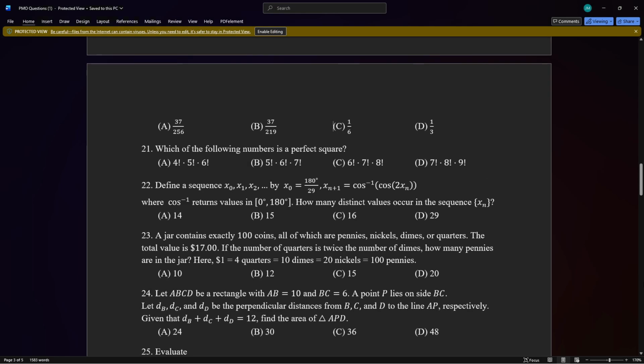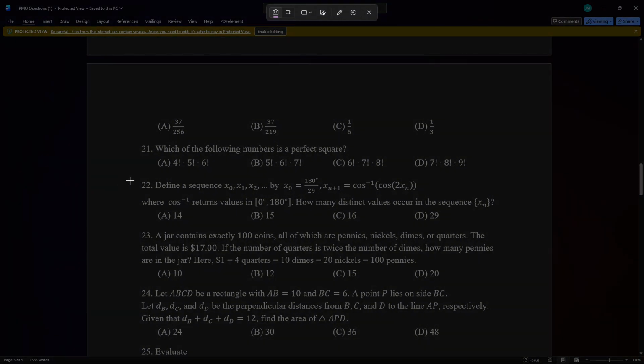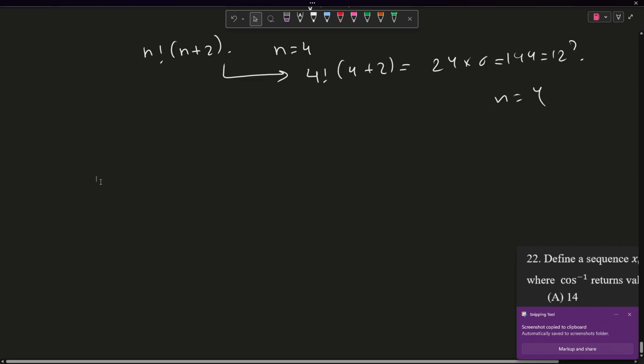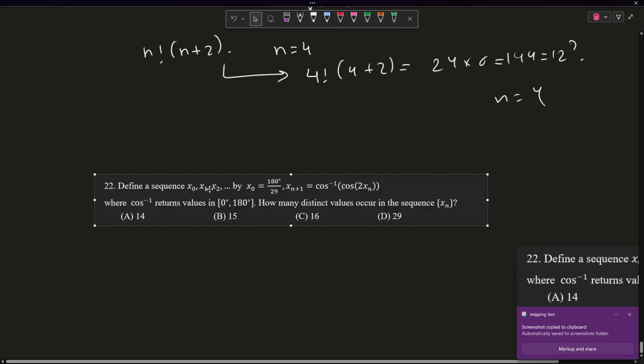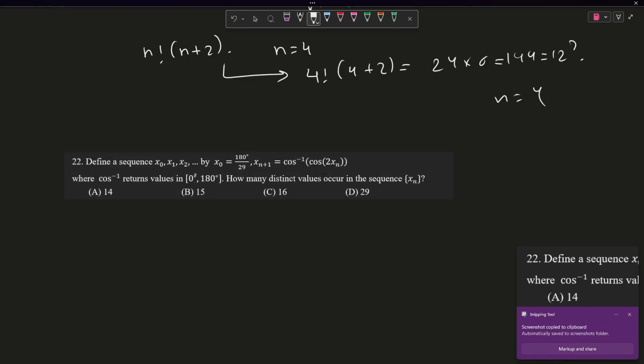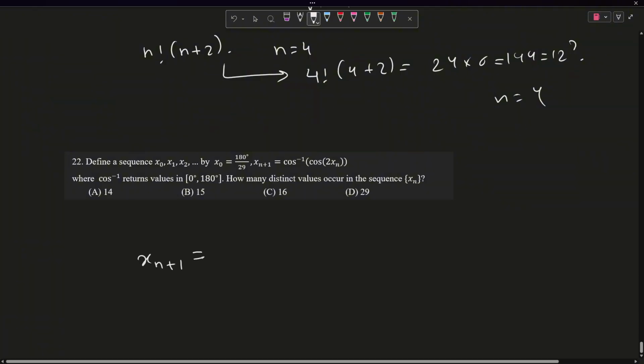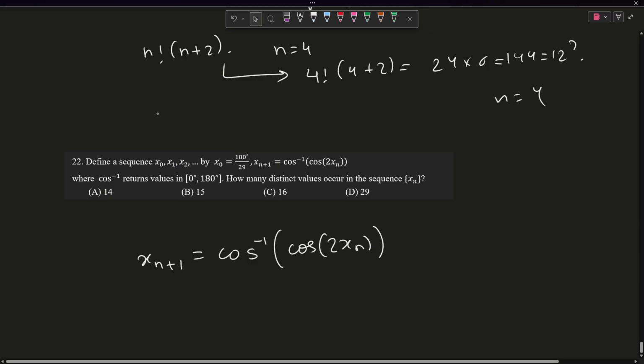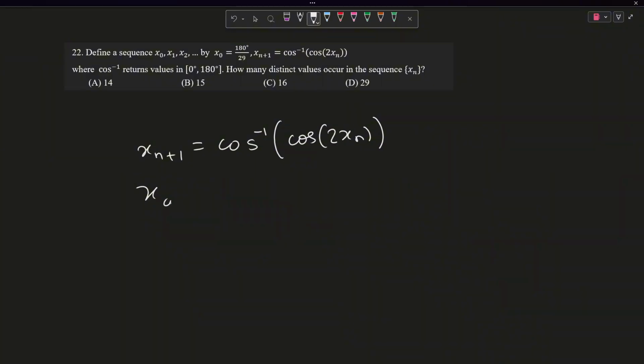Okay, so now this one. Our sequence is x(n+1) is equal to cos inverse of cos x(n), and x naught is equal to 180 by 29.